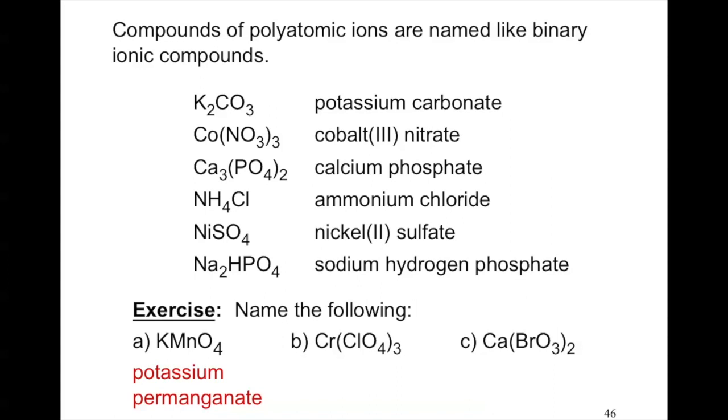One oxygen atom more, we use the per prefix. So this molecular ion is perchlorate with the same charge, -1. There are 3 perchlorates in our formula, which has to be counterbalanced with the charge of the metal. This is a type 2 metal ion, and so we can deduce that the charge here has to be +3. So we name this chromium 3 perchlorate.